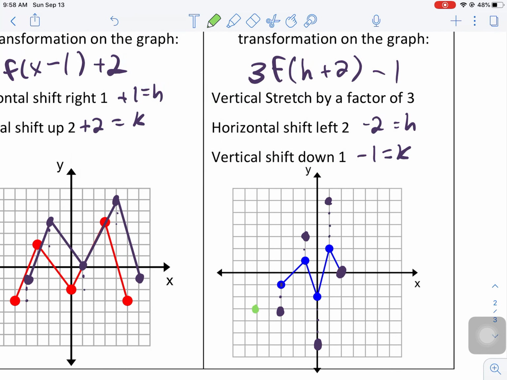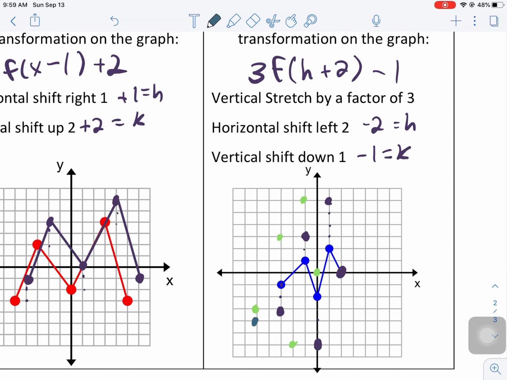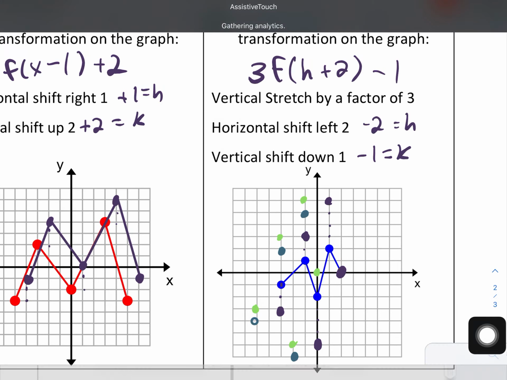Shifting left 2, so 2 to the left, 2 to the left, 2 to the left, 2 to the left, 2 to the left. And then shifting everything down 1. Down 1, down 1, down 1, down 1. Oops, sorry.